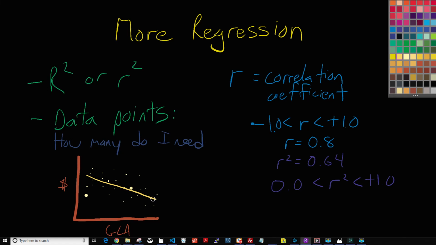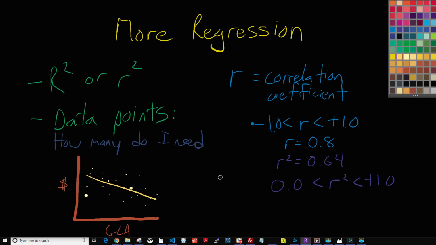And again, the higher the R squared, the lower or the fewer data points you need. I would still stick with that minimum of 10 for a really high R squared. But in reality, you're probably not going to get very many high R squareds. You're probably going to get lower R squareds.